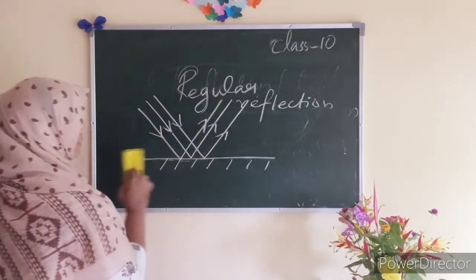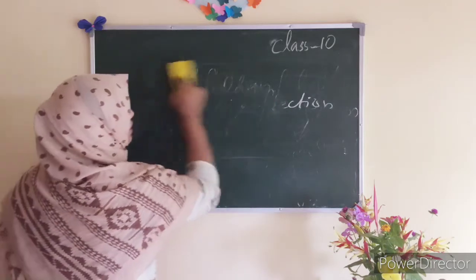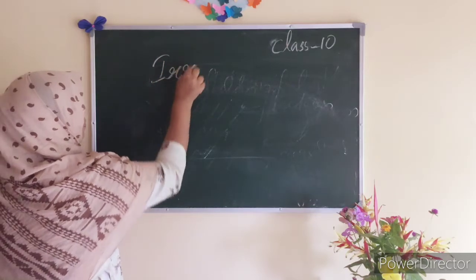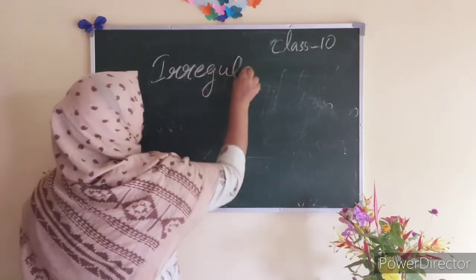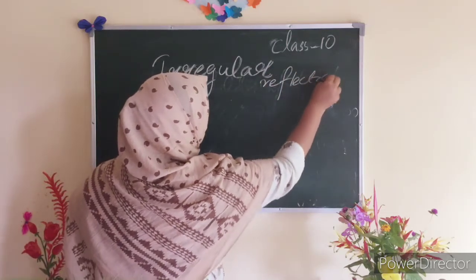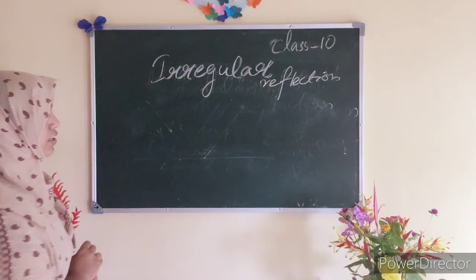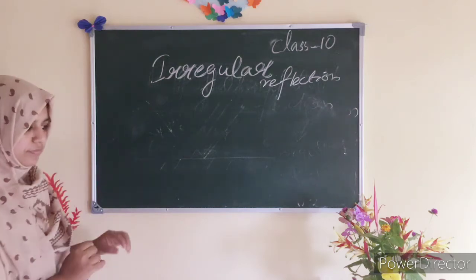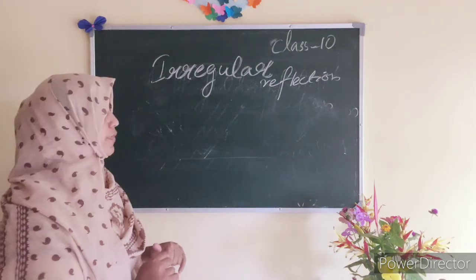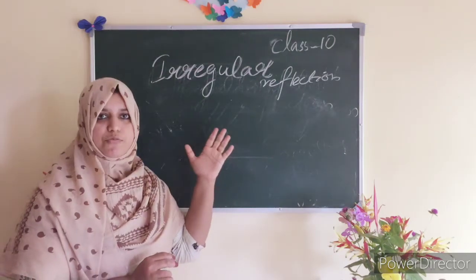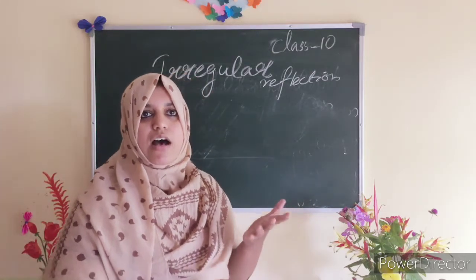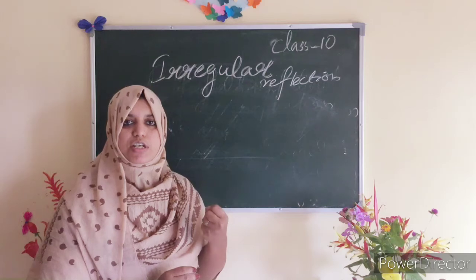And the second one is irregular reflection. Before that, searchlights and automobile headlights are examples of regular reflection.